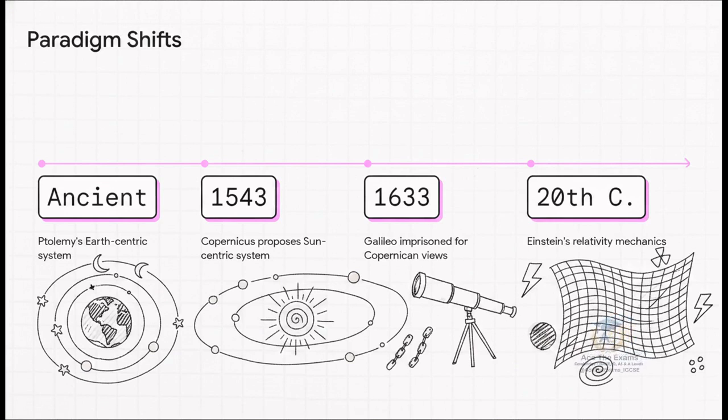Later, Galileo used new telescope technology to back that up and was actually imprisoned by the church in 1633 for saying it. It really wasn't until Isaac Newton introduced gravity and then Einstein refined mechanics in the 20th century that these models fully crystallized. The takeaway here? Scientific interpretation is a fierce, constantly evolving battle of ideas and hard evidence.